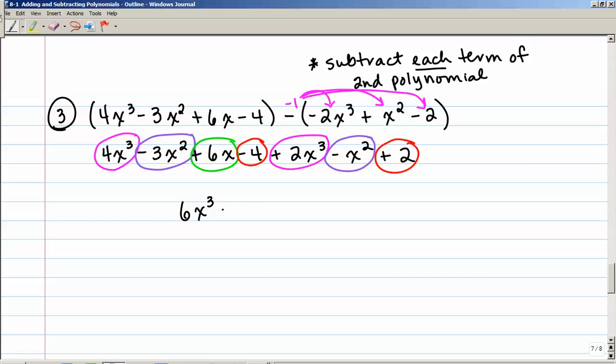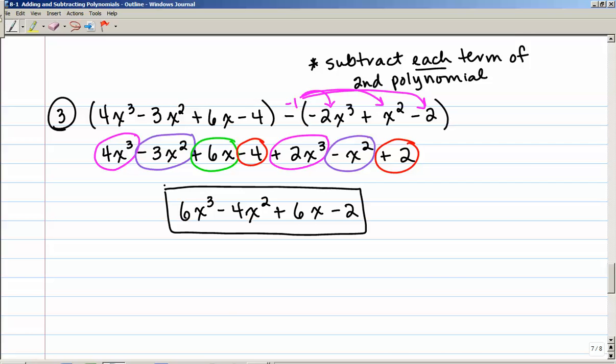Looking at the purple, minus 4x squared. Yeah, that's right. Plus 6x minus 2. So I think the easiest way to deal with subtraction of polynomials is to rewrite the second polynomial and make sure that you're distributing a -1, or write it as though you were subtracting each of those terms.